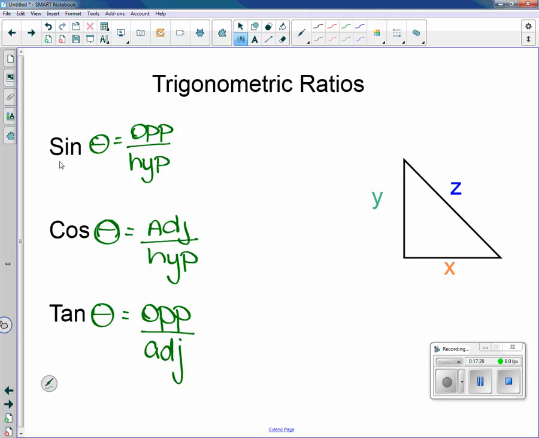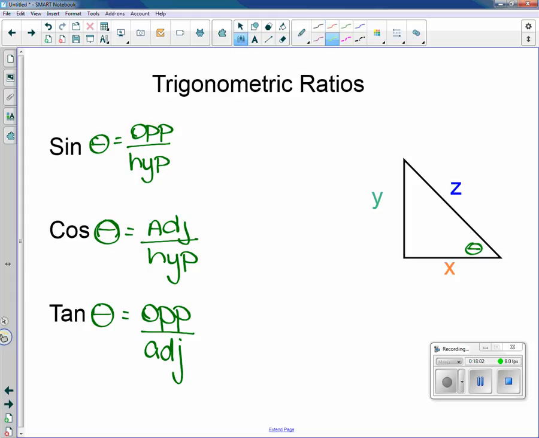Okay? Now, let's see what those letters would be if I put this in relationship. I'm going to say this is theta right there. That is the angle I'm talking about. So let's do the same thing we have been doing a few seconds ago with putting the opposite, the adjacent, and the hypotenuse. Now, do I have to write the word opposite, the word adjacent, and the word hypotenuse? No. What we use is O, H, and A.